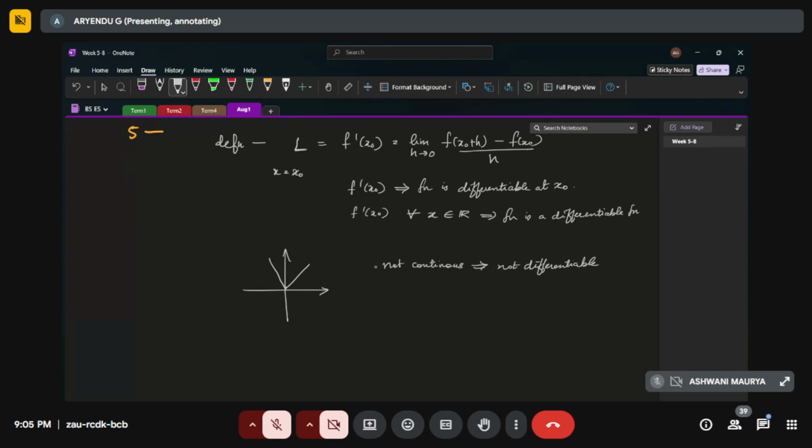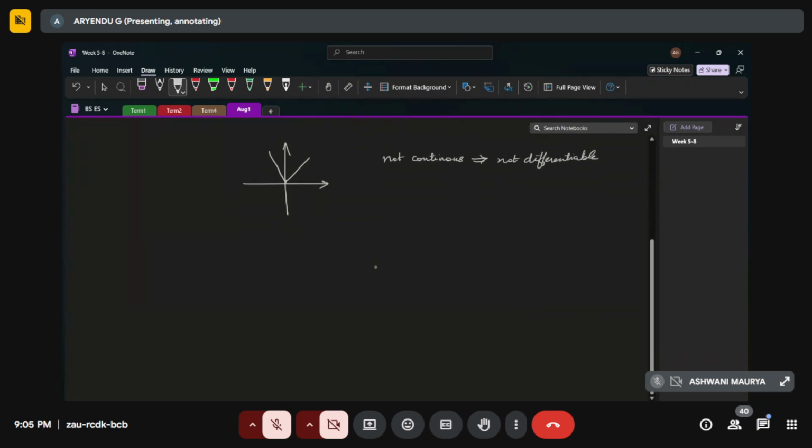Okay. So when we have to find the derivative L of the function at a point, we have to take the left hand derivative and the right hand derivative. The left hand derivative we take from the left side, which is limit h tends to 0 of f of x naught minus f of x naught minus h by h.